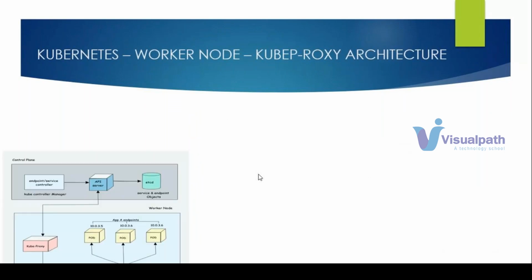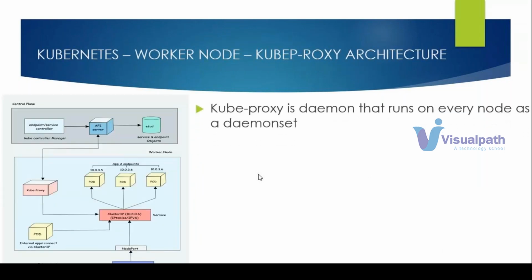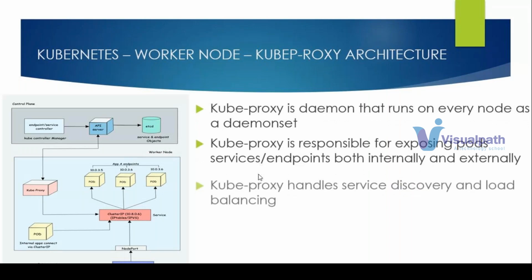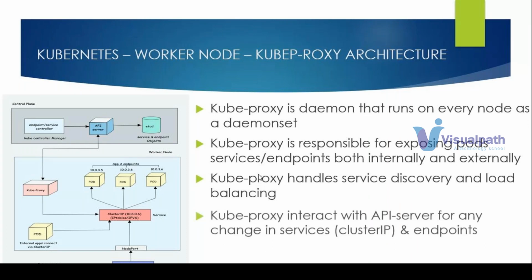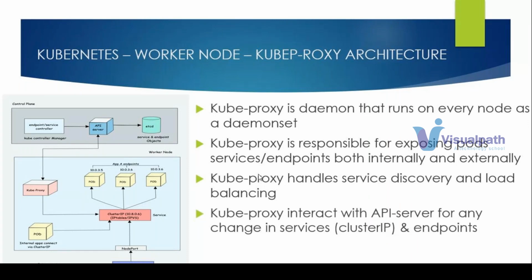Kube proxy is a daemon service that runs on every node, and it is responsible for exposing the pods. When we deploy something on a Kubernetes cluster, we need some public endpoints as well. So kube proxy is responsible for exposing those services and endpoints.